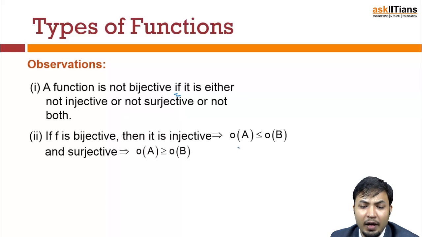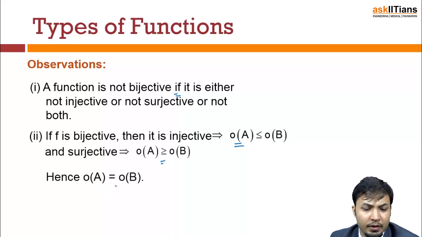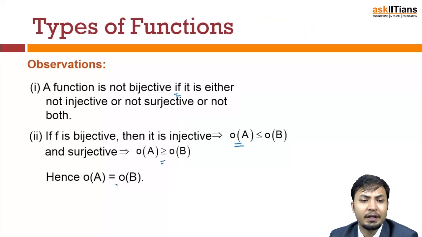So in that case, n(A) will be equal to n(B), and the function has to be surjective or bijective. So these are the differences and similarities between one-one, many-one, into and onto functions.